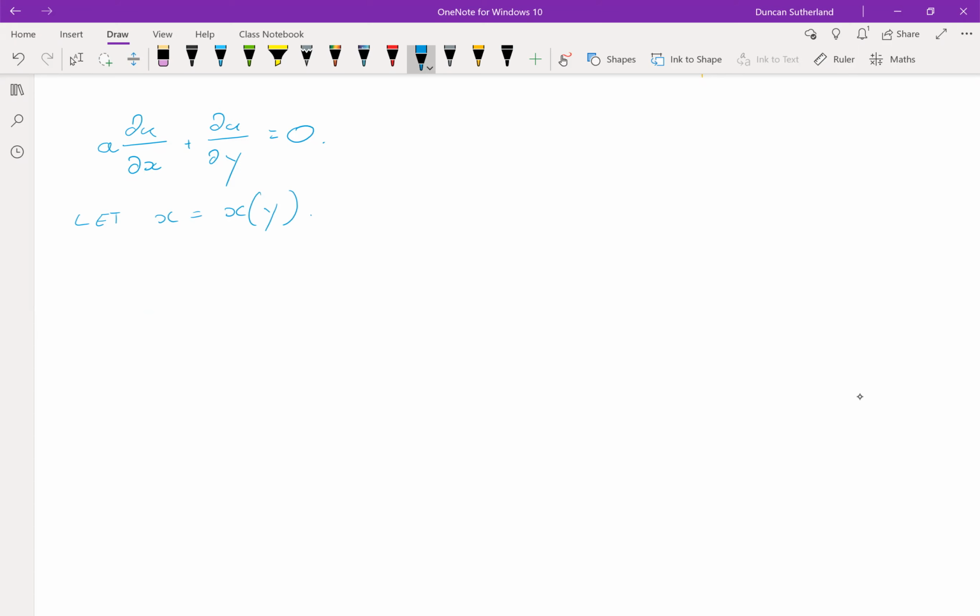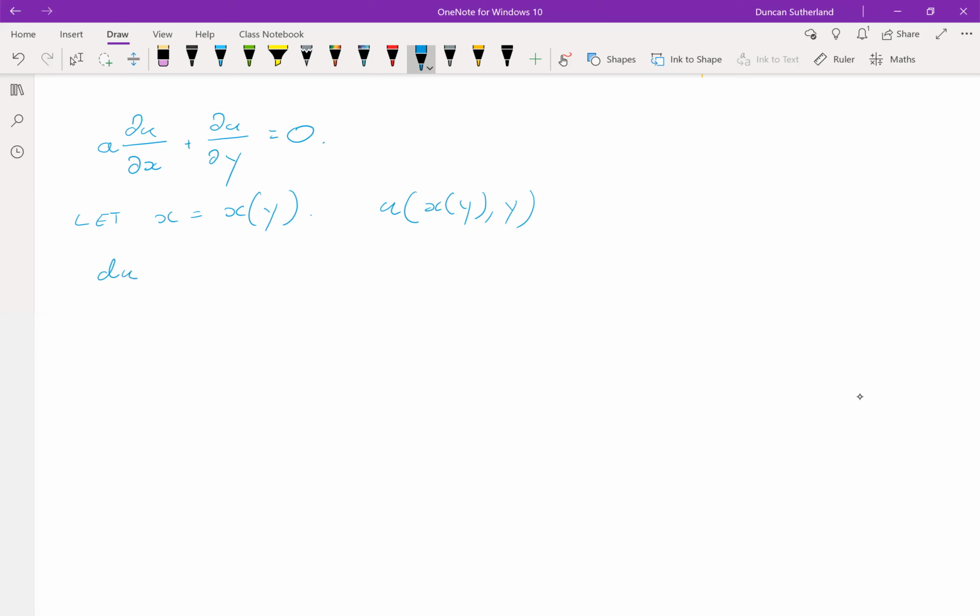Now we can use the chain rule, because that means u is just a function of one variable, y. So we can use the chain rule to figure out what the derivative of u with respect to y is.